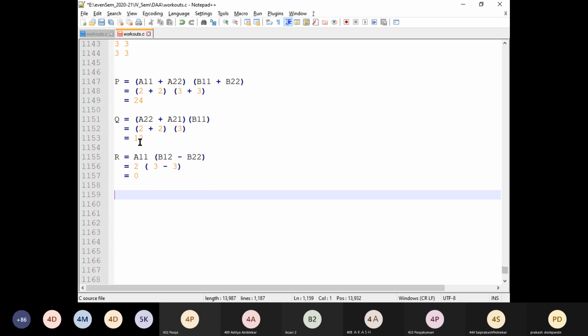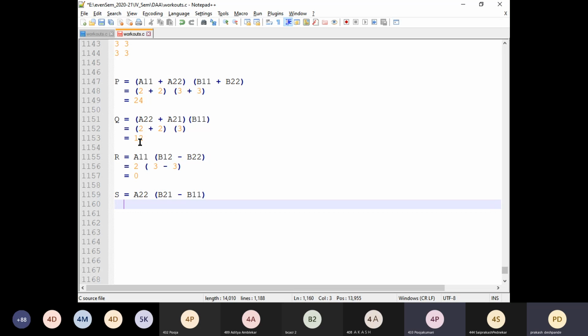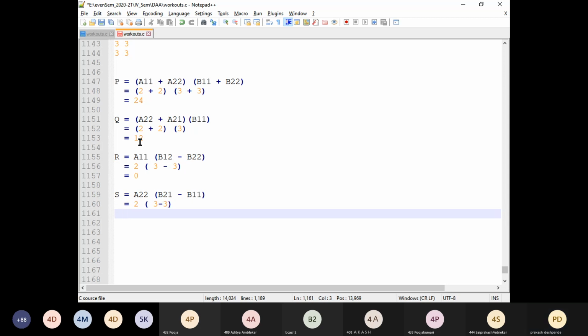Next formula, S is equal to A22 multiplied by B21 minus B11. If you put the values and compute, A22 is 2 multiplied by 3 minus 3. What is the answer? Again, it is 0.